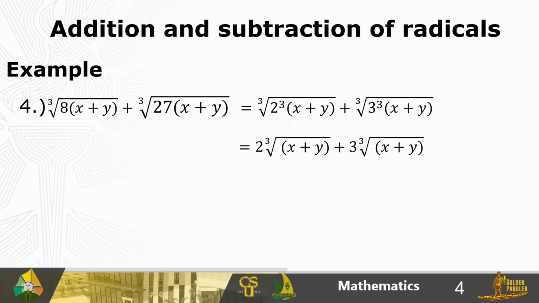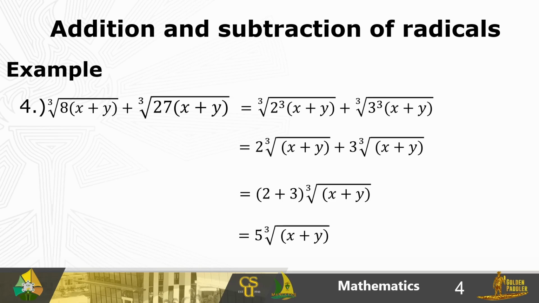On the first term the numerical coefficient is 2, while in the second term the numerical coefficient is 3, times the cube root of x plus y. Therefore, we can add 2 plus 3, and we have 5 cube root of x plus y.